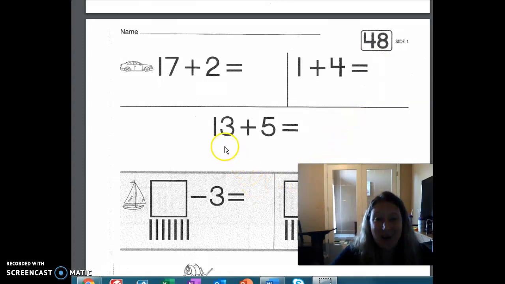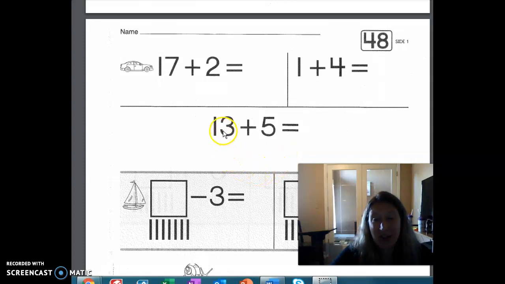Okay, going on to our last problem here. Read it for me one more time. 13 plus 5 equals. How many are we plussing here? Plus 5. So how many lines are we going to draw? 5 lines. Make 5 lines under the 5. Get the other number going.